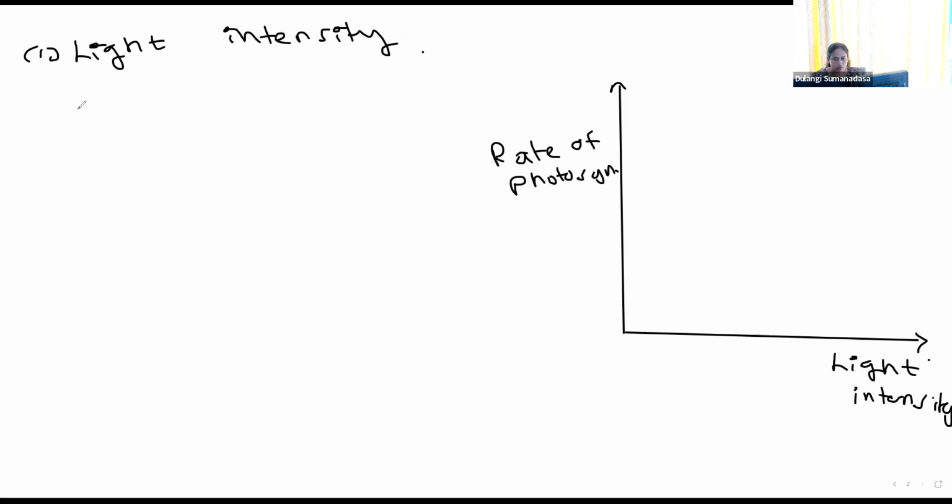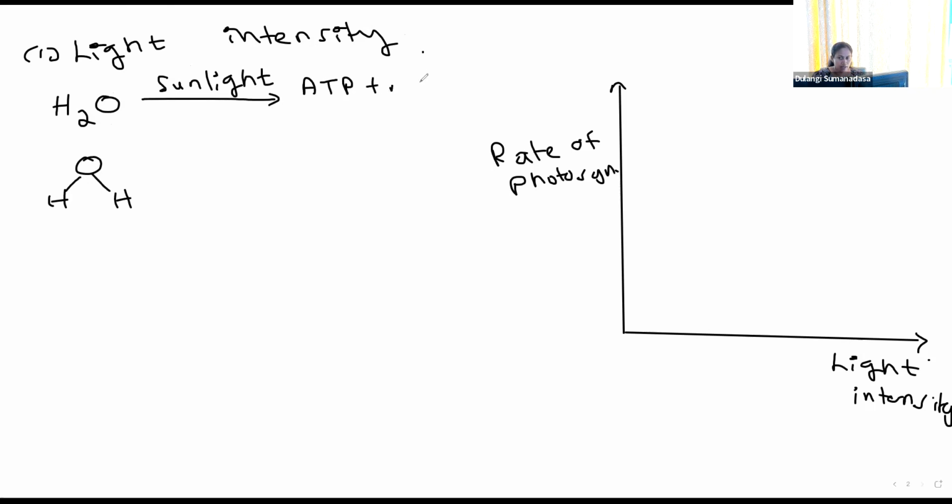Write down the reaction now. We're going to split the water molecule with the use of sunlight or light. And if I split the water molecule, the main output is the energy in the form of ATP and NADPH, right? You can ignore oxygen if you want because it's just a byproduct.